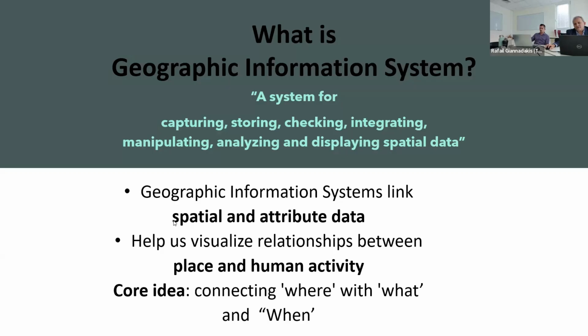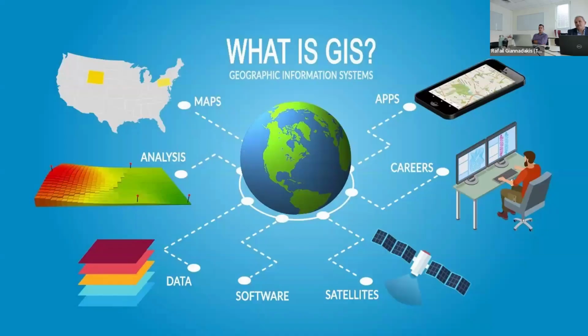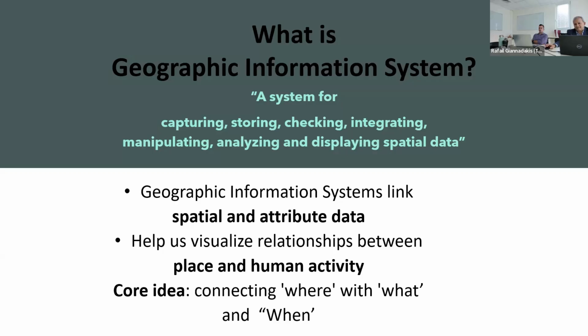The main words that you can use are that we combine attribute, second, spatial data. That means that we have information and the place where. Also, GIS systems have meaning in human activity.